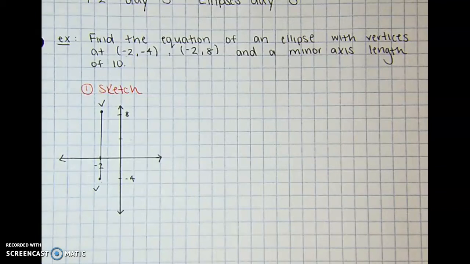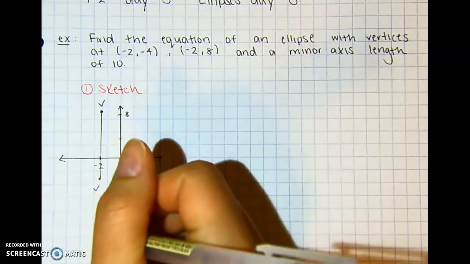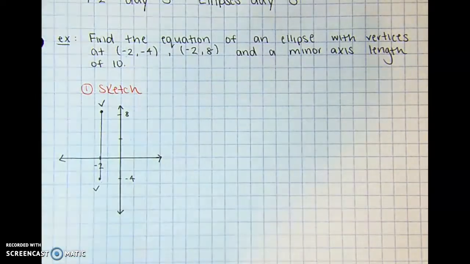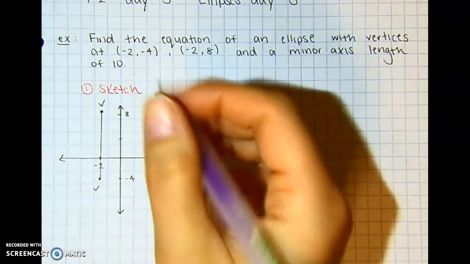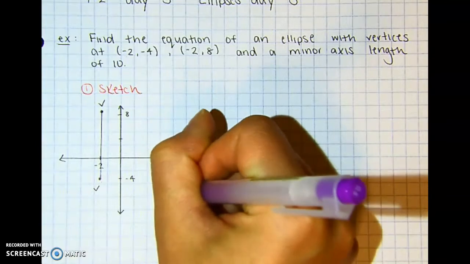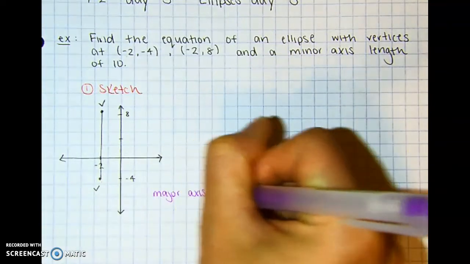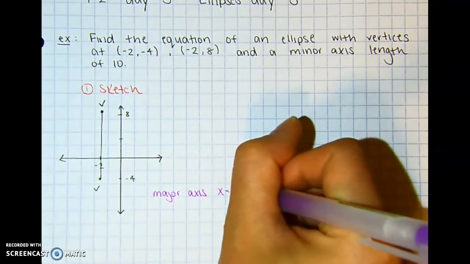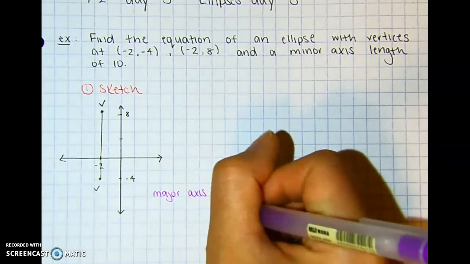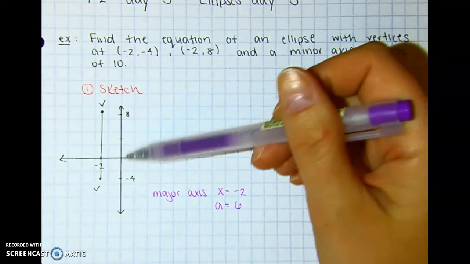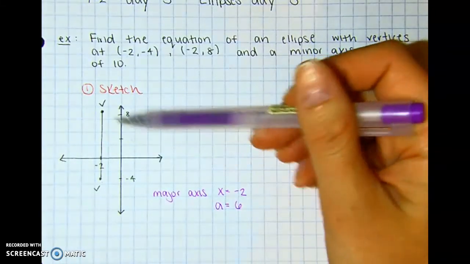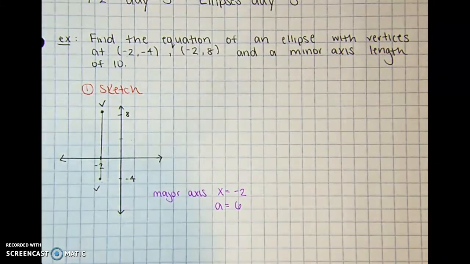And that means that the center is going to be exactly halfway in between there. Let's take some side notes. Major axis is x equals -2, and so our a value is going to end up being 6, because 8 and then another 4, so halfway in between, that'll be 6 to the center.